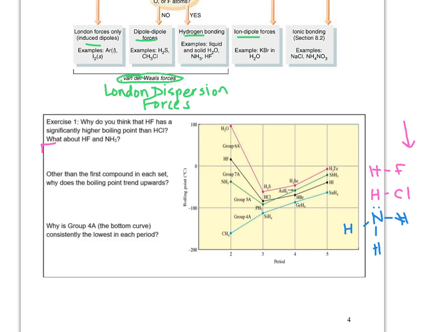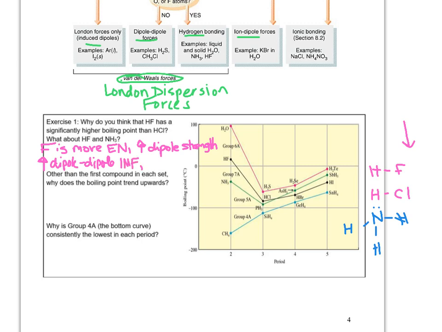Okay, so fluorine is more electronegative. I'm going to use EN. Which then means it has an increased dipole strength, I guess is a better way to say that. An increased dipole strength, which then means it's going to have an increased dipole IMF, or attraction.